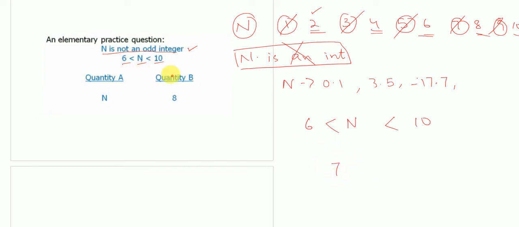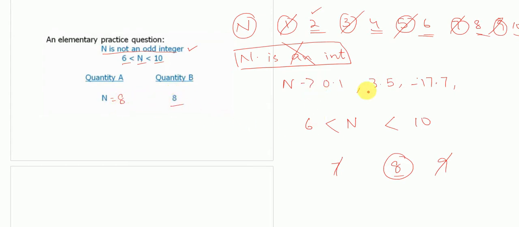No, because 7 is an odd integer. Could n be 8? Yes, because 8 is not an odd integer. Could n be 9? No, once again, 9 can't be equal to n. So is our answer 8? Should we say that n is 8 and quantity B is also 8, so they're equal?